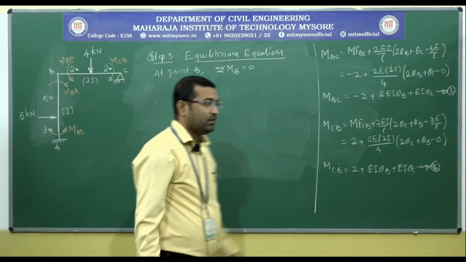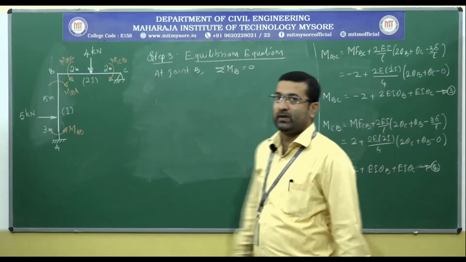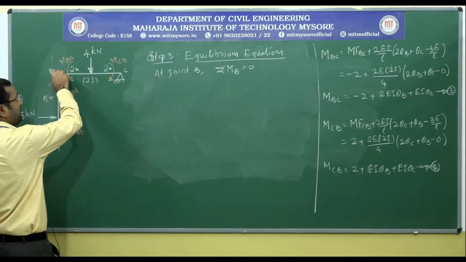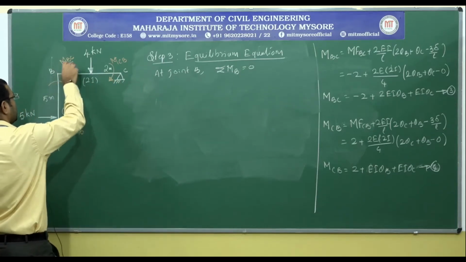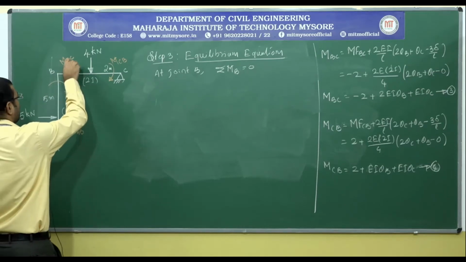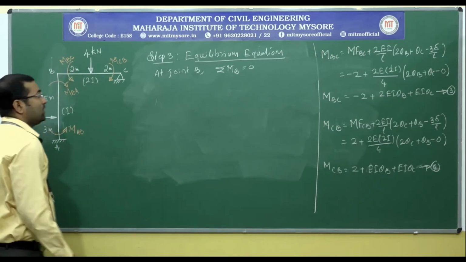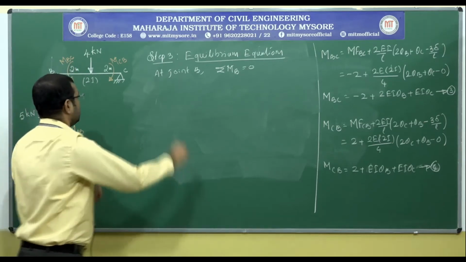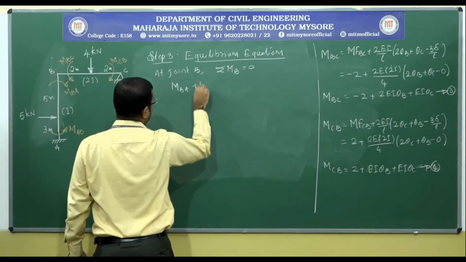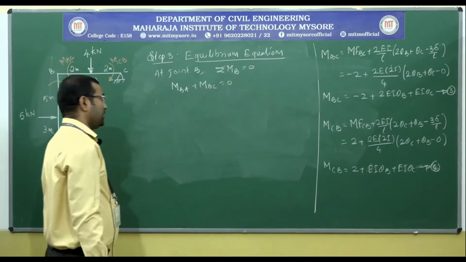That is, if you add all the moments at joint B, the total sum should be 0. At joint B there are 2 members and we have 2 moments, one is MBA and another is MBC. If I take the sum of these 2 moments, the total sum should be 0. That is MBA plus MBC should be 0.